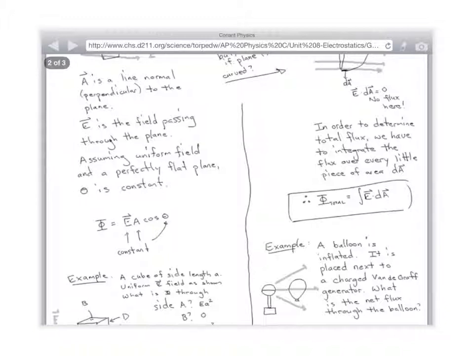Ah, right. So Solom's argument is, yes, the close side has a stronger field, but it's over a smaller area, right? And we know flux is actually field times area. So the far side of the balloon has a bigger area. Therefore, even though the field is weaker, what do you say? Yes, it cancels out to be zero.